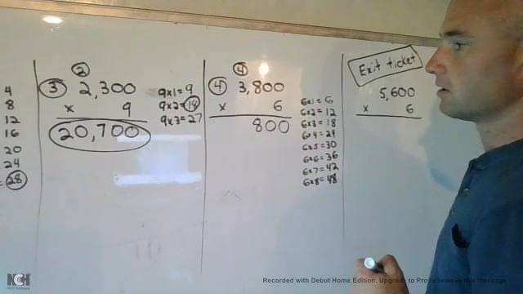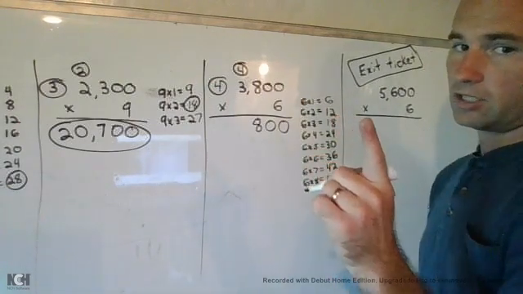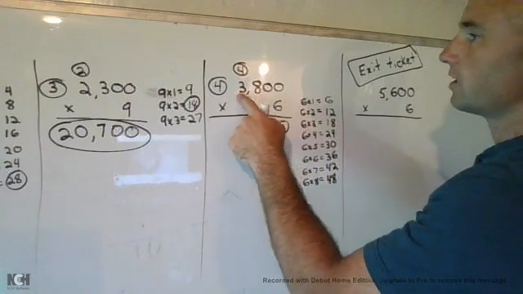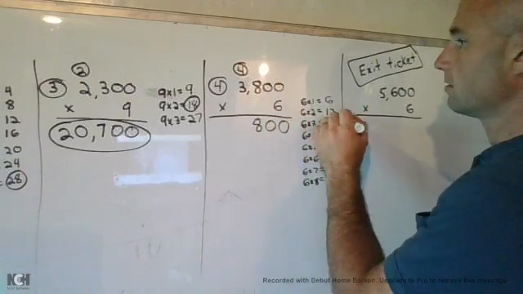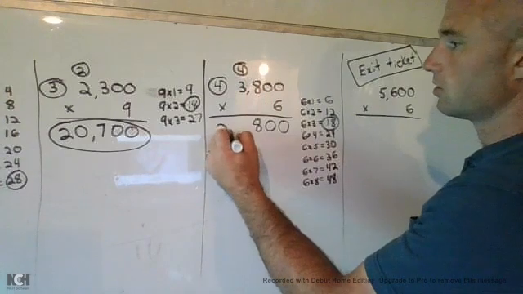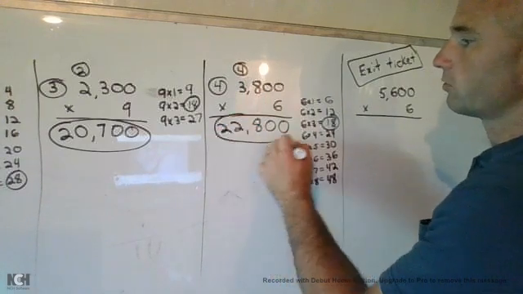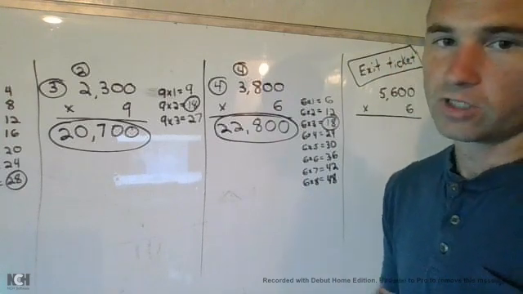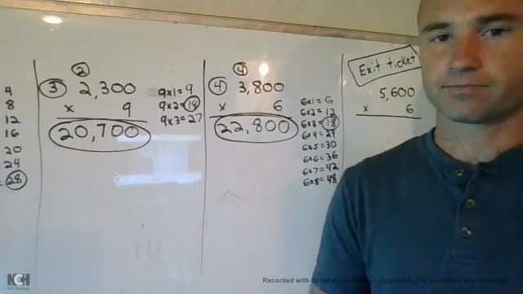Carry the 4. Did you carry the 4? I hope you did. 6 times 3 gives you 18, plus 4 gives you 22, giving you a solution of 22,800.